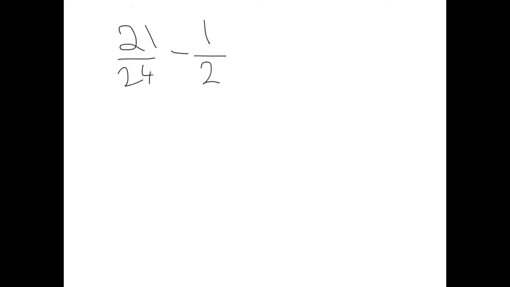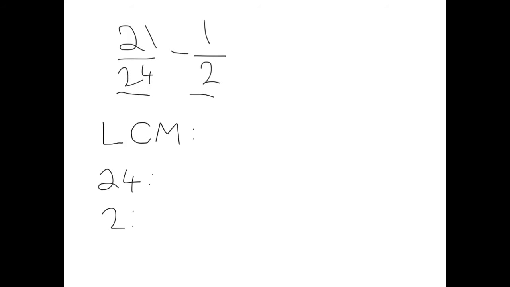First, we're gonna find the LCM. That's the least common multiple. And there is 24 and 2. So we have 24 and 2.